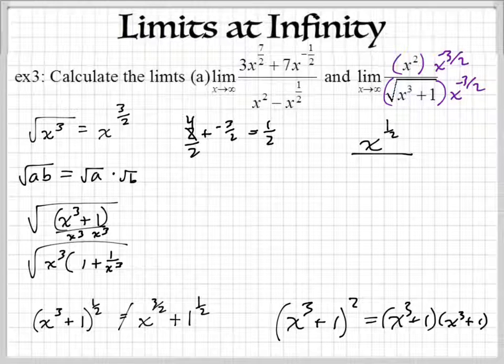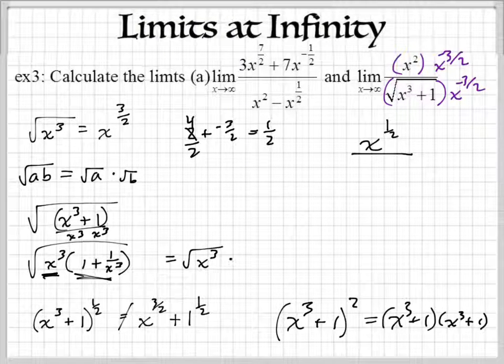These are both being square rooted. So now I can split this one up, right? I can split this one up because we have a term right here and a term right here multiplying each other. So I can technically say this: the square root of x to the third, times the square root of 1 plus x to the negative 3. Okay? So now I can split it up.